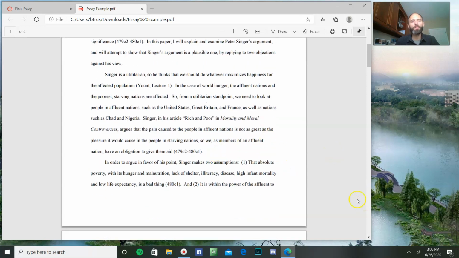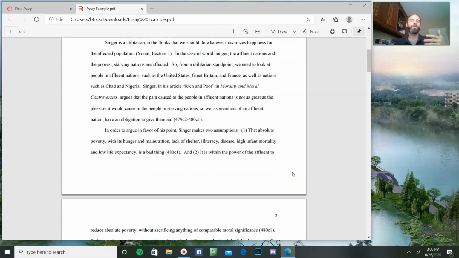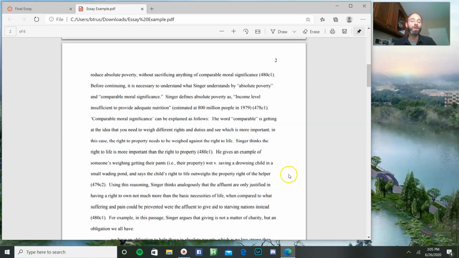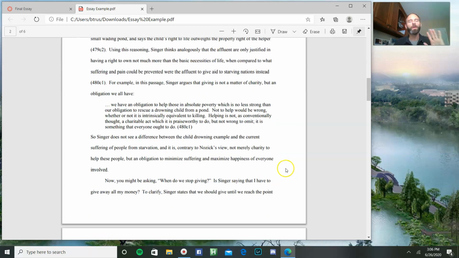All right, so after that, the author lays out the details of the target argument that they're going to be talking about, the premises that are in the target argument, and any key terms that need to be defined. The paper you're writing is slightly different in that you won't be narrowly addressing one specific argument.